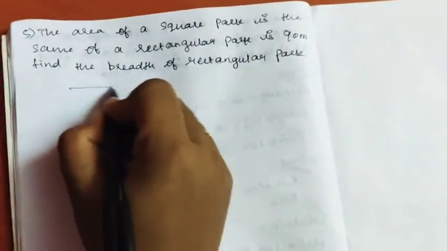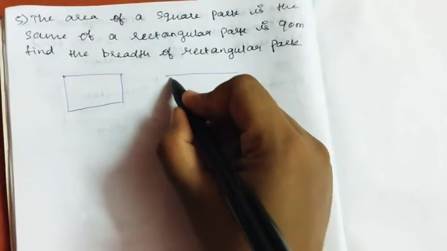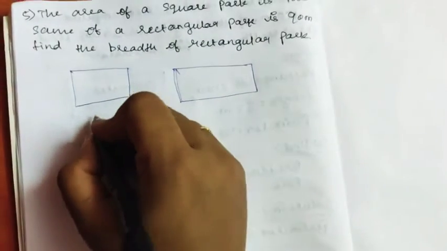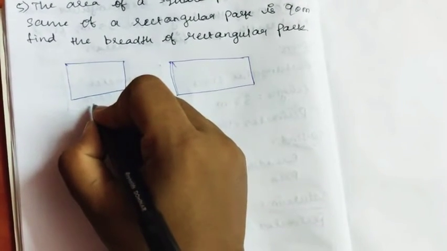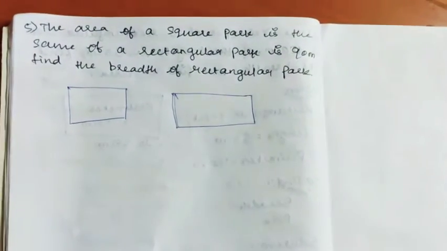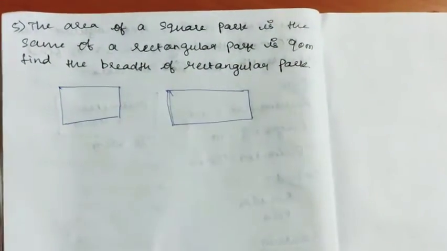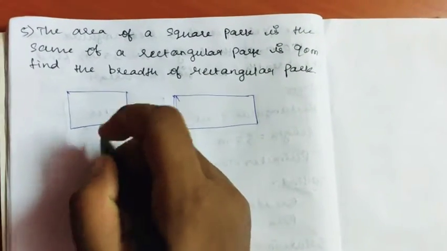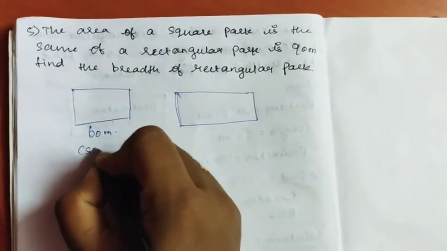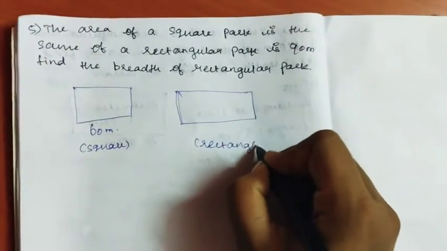Here there are two parks. One is square park and another one is rectangular park. The square park length is 60 meter and length of the rectangular park is 90 meter.